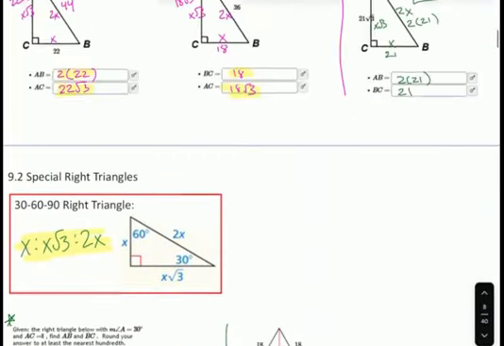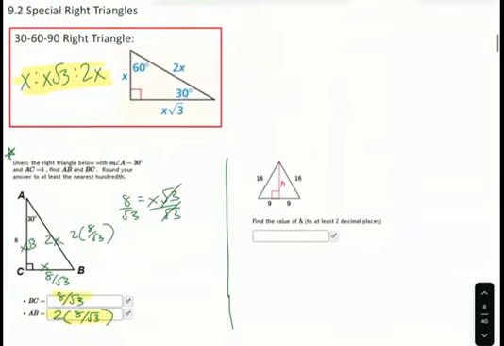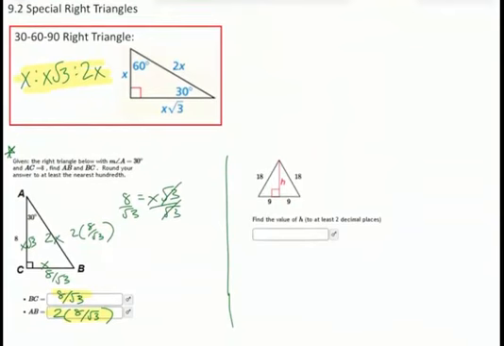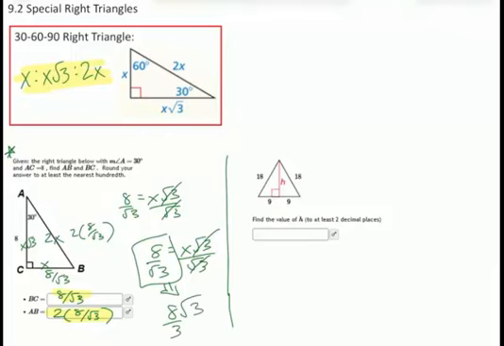So here, when we're looking at this problem, if we say that 8 is equal to x root 3, and we divide by root 3, our x value could also be written as 8 divided by the number that's in the radical, 3, times the radical itself, root 3.